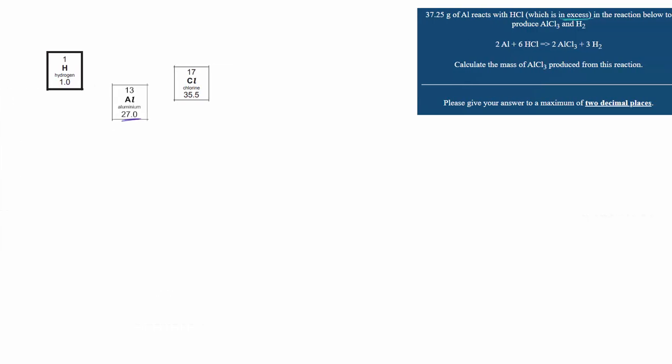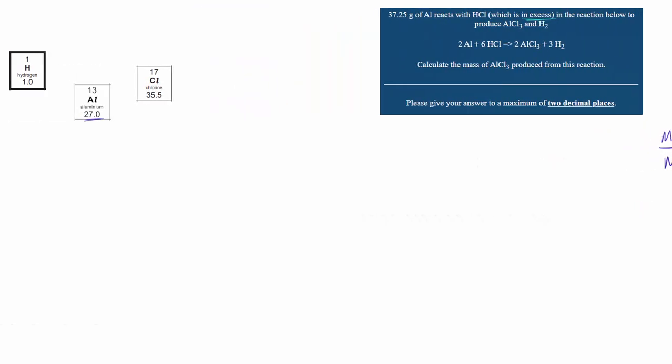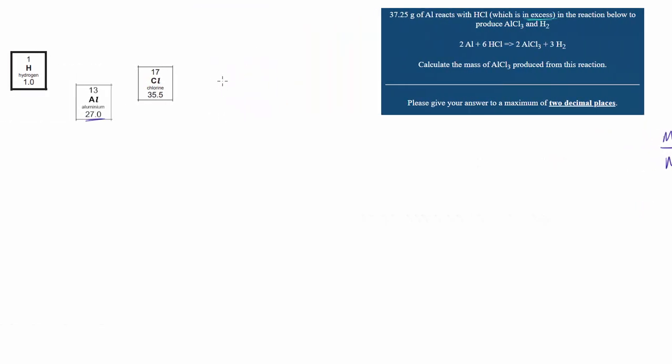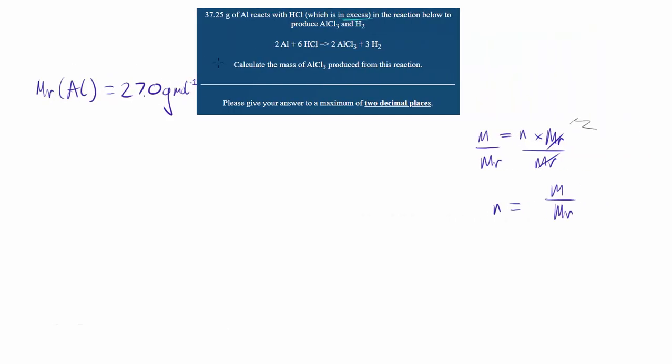So the Mr of Al is equal to 27.0, and that's in grams per mole. So with that 27, what do we need to do? Simply use this equation and plug the value in.